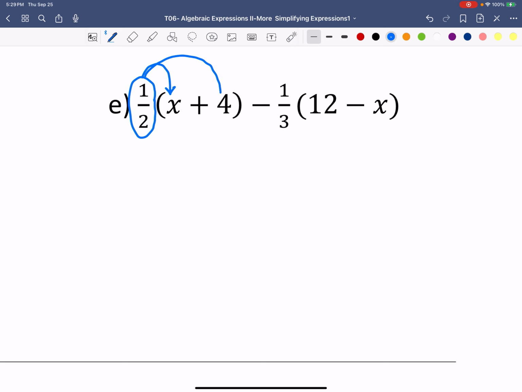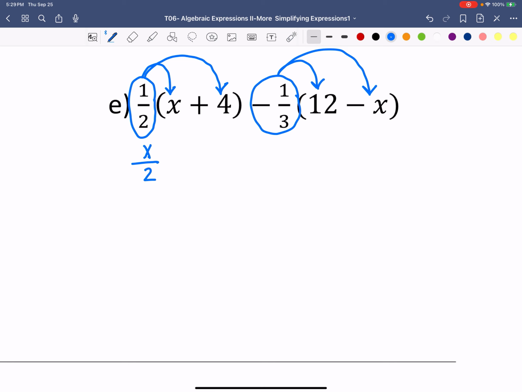through this process. Similar to if it was just a number, even if it's a fraction in front of that bracket, we're still going to distribute that in order to open up that bracket. So our first bracket is going to look like 1 over 2 times x. Well, that is the same as x over 2.